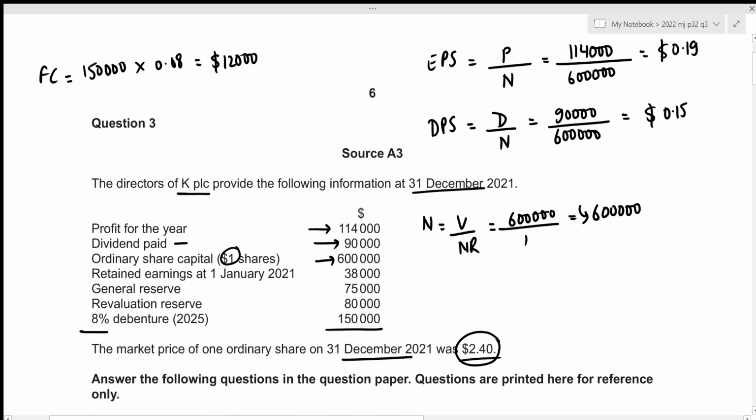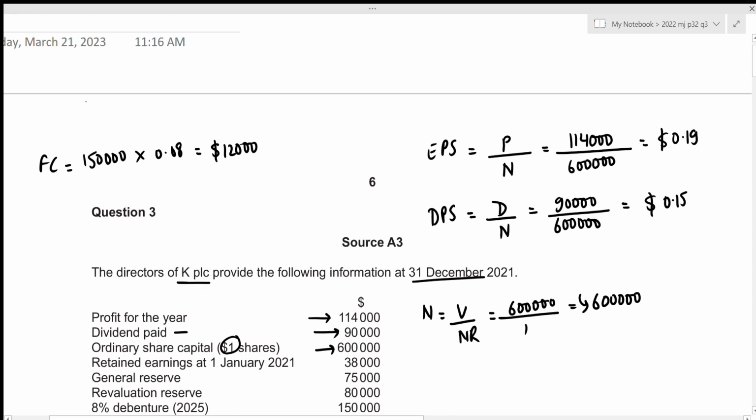Now we need to figure out our profit from operations. What we know is that the profit for the year is just the profit from operations minus our finance charges, which means that profit from operations will be the profit for the year plus the finance charges. We are given the profit for the year to be 114,000.